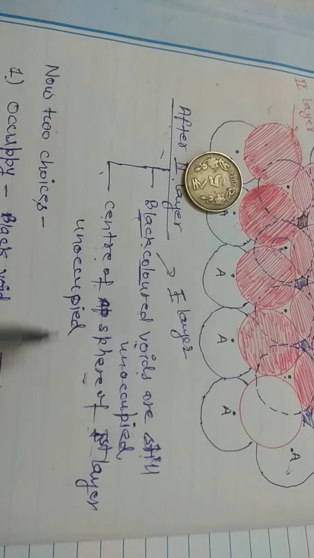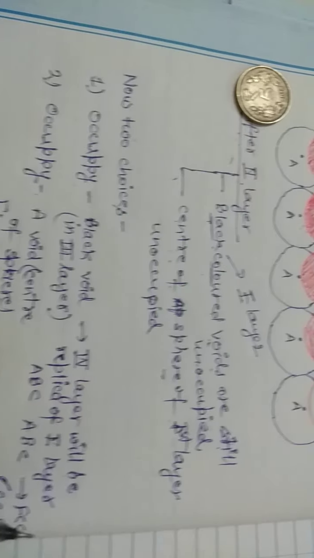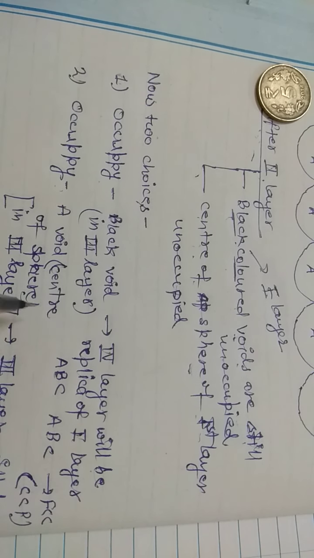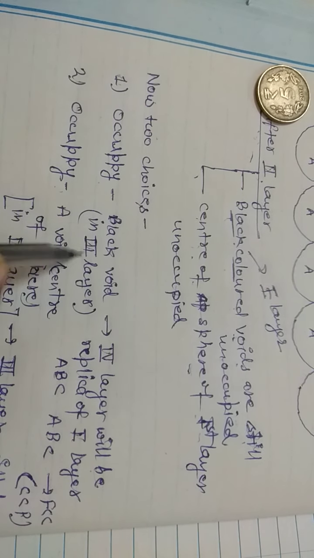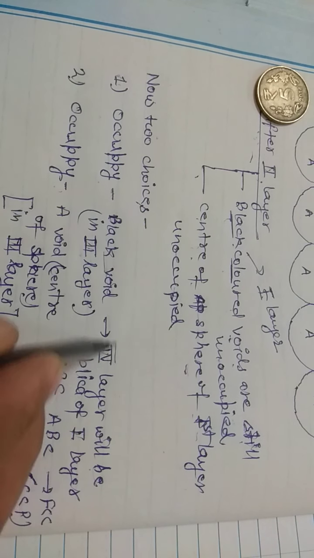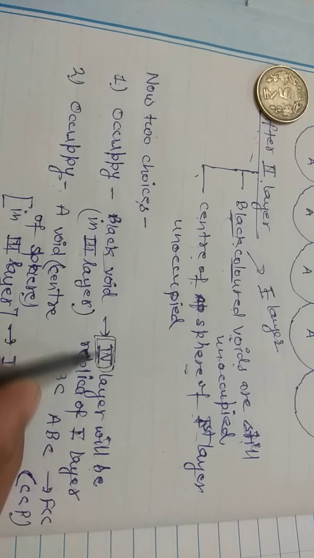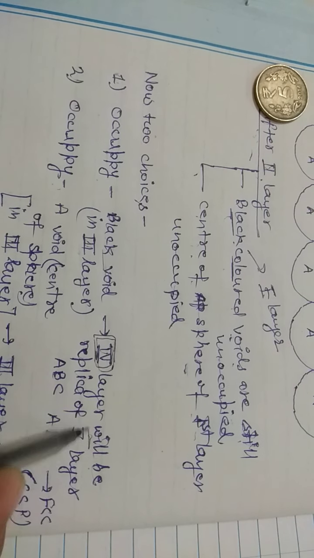So if you occupy the black colored void, then a different kind of arrangement of the particles will be there. In the third layer, if you occupy the black void, then the fourth layer will be the same as the first layer.